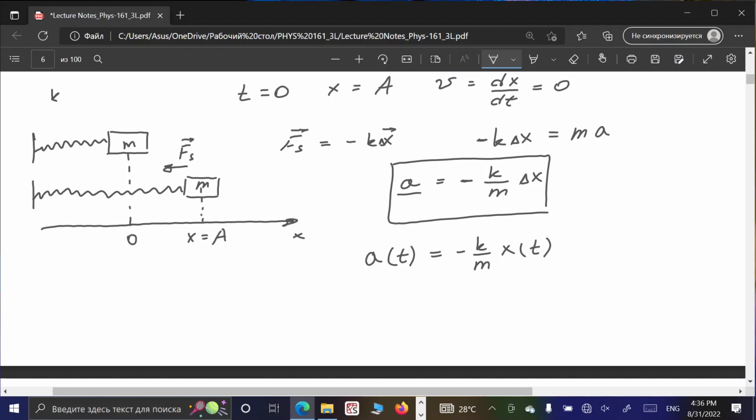If force and acceleration are functions of time, then we need to take this into account when we want to determine the position of this block at any moment of time. So this is one of the first examples where we consider force as not constant, but time dependent.